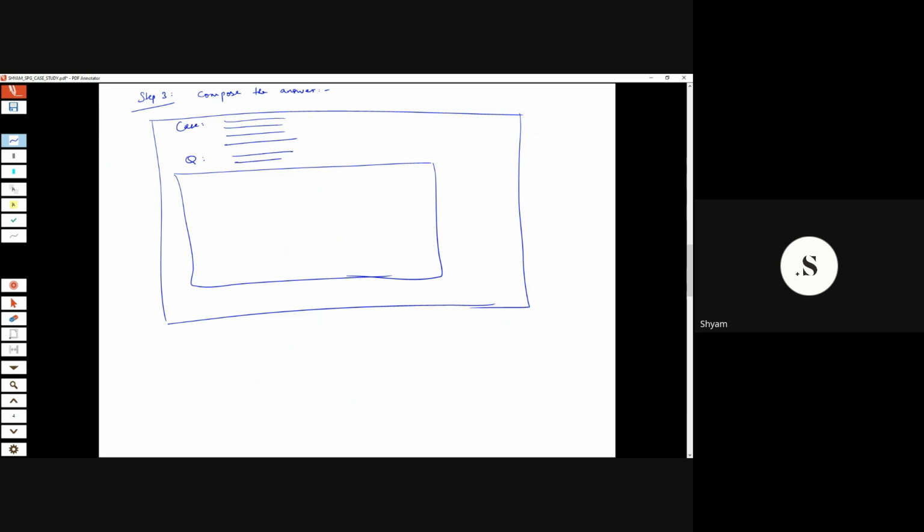The question will be displayed here with the word limit. You will have the question pane here. So here is where you type your answer. It will look something like this, and I'm sure there will be something to tell you that the max character limit is this, and the number of characters you type will be appearing here.